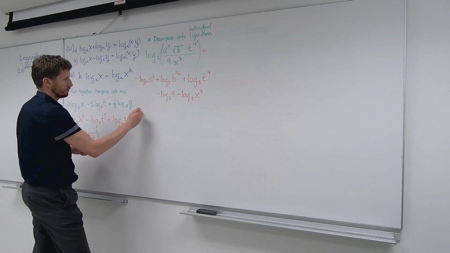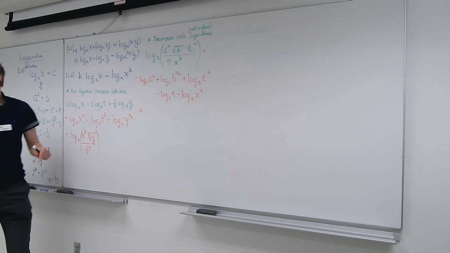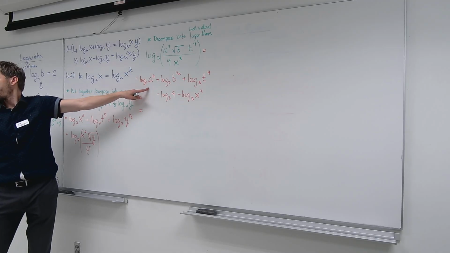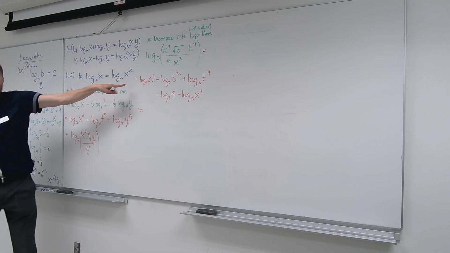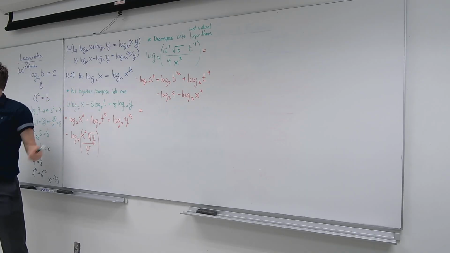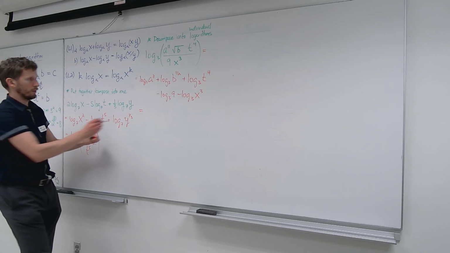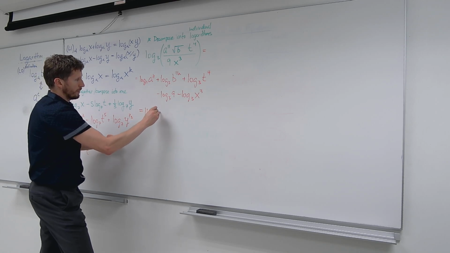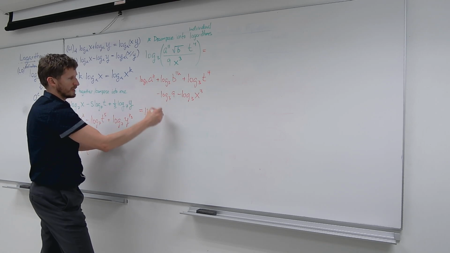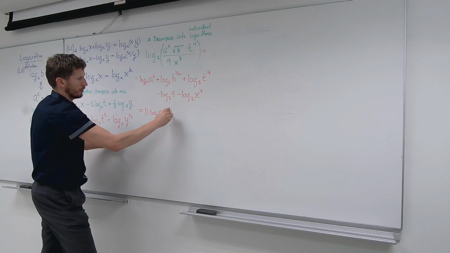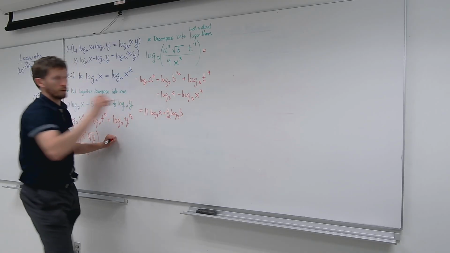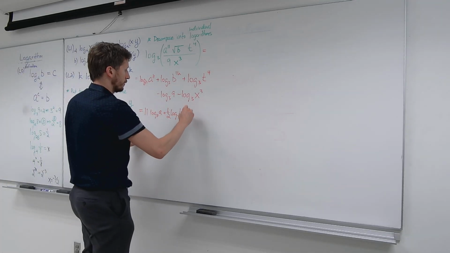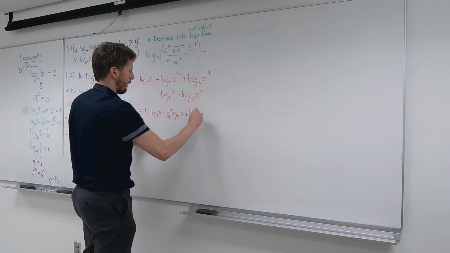What is it, everyone? Let's finish this off. 11 what? Yeah, like that. And then plus a half of these, log base 3 of b. And then 4 log base 3 of t.